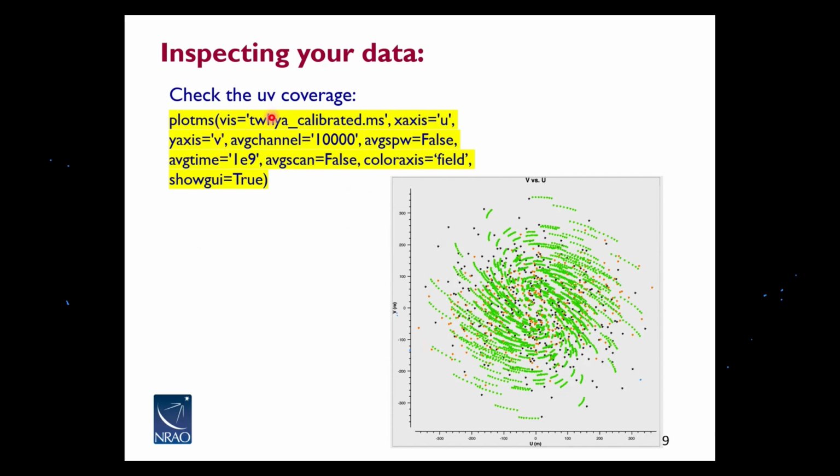So with plotms, we set x-axis equal U, y-axis equal V, and the others are just if you want to average channels and average the spectral window, and there should be a figure like this popping up. So try it if you haven't, and I'm also going to try it just to make sure I don't underestimate the time that is needed.